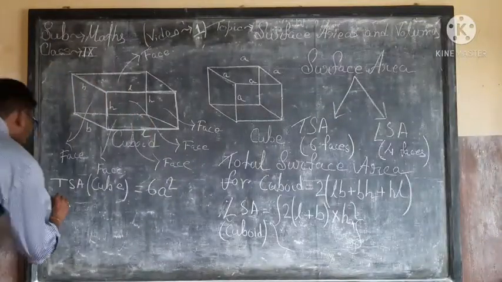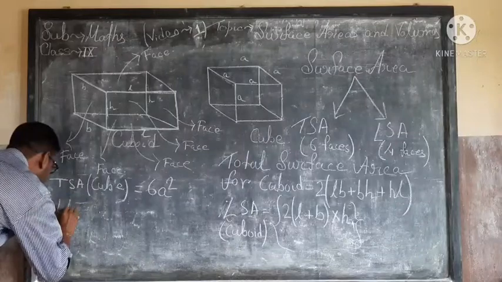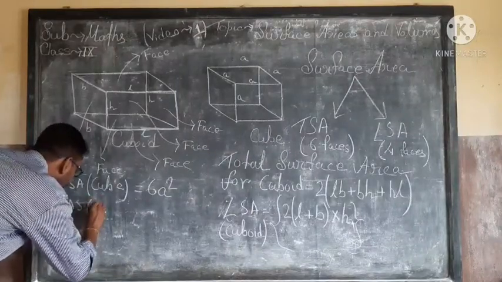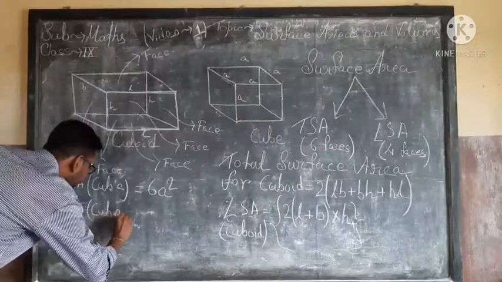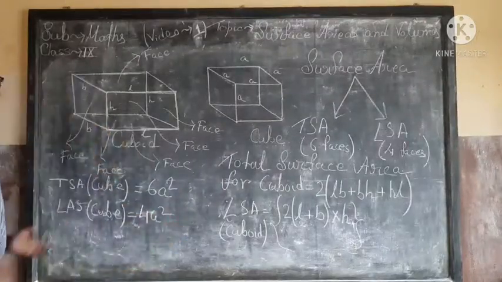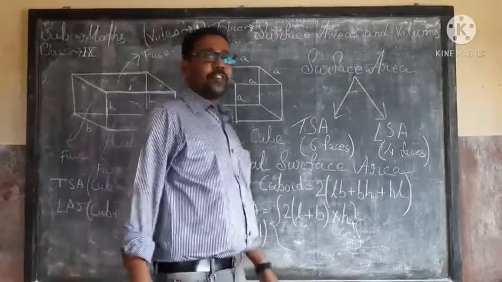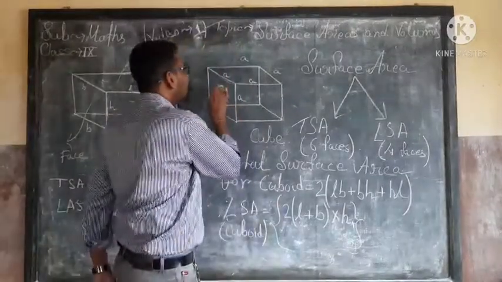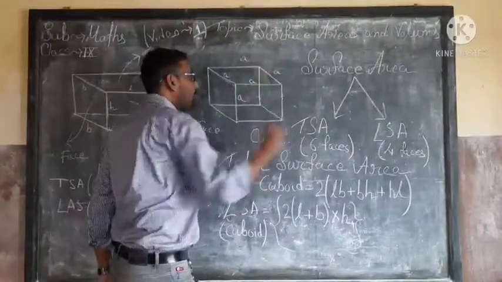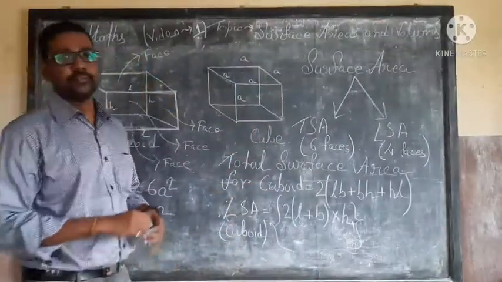And the lateral surface area for the cube is equal to 4s², because for the lateral surface area, we only consider these 4 faces, excluding the top face and the bottom face.